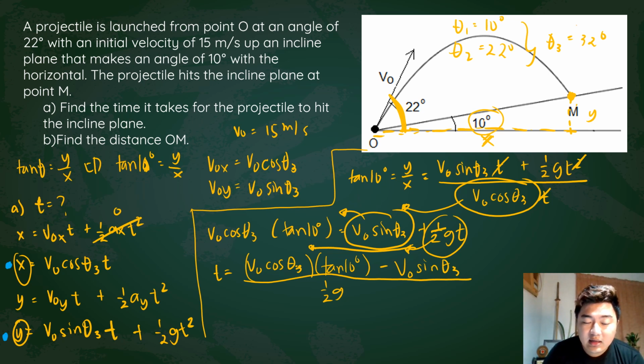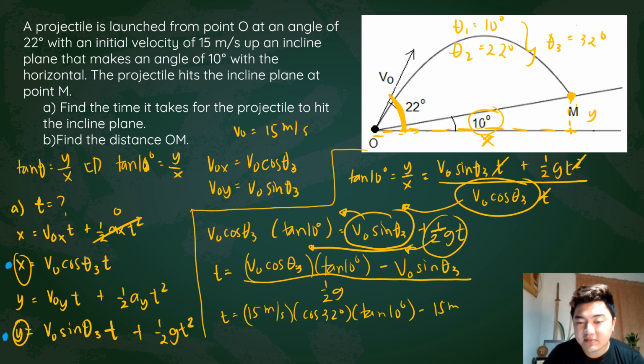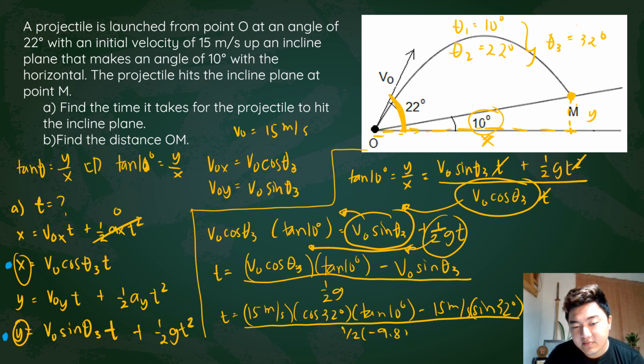So if we substitute values here, then you get 15 meters per second times cosine 32 degrees times tangent 10 degrees minus 15 meters per second sine 32 degrees over 1/2 negative 9.8 meters per second squared.